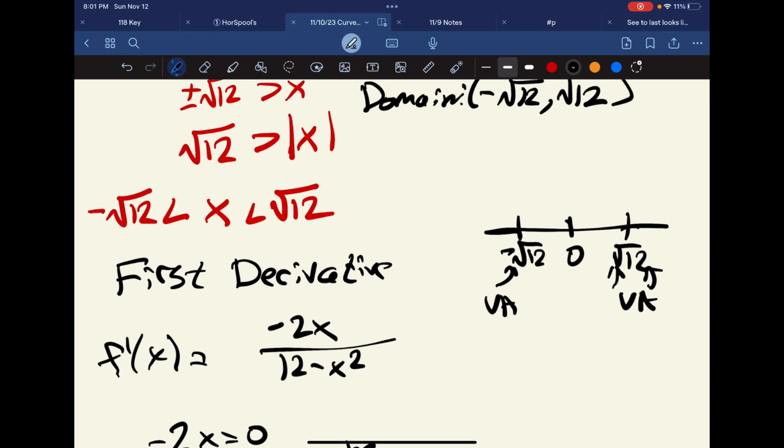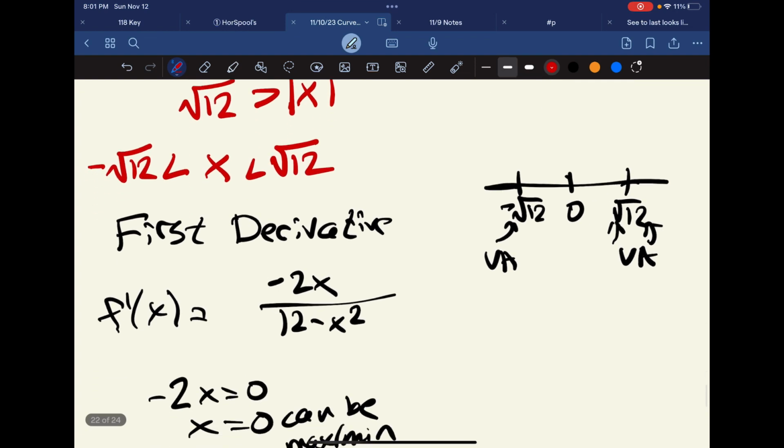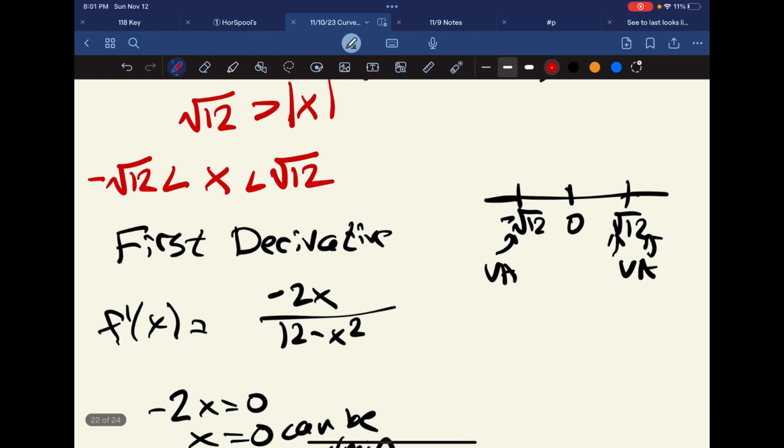Okay, so now let's see what we get on these intervals. So to the left, you plug in a negative, so then this becomes negative. This will become a negative, so that's 3 negatives, so we get a negative. Over here, we plug in a negative.